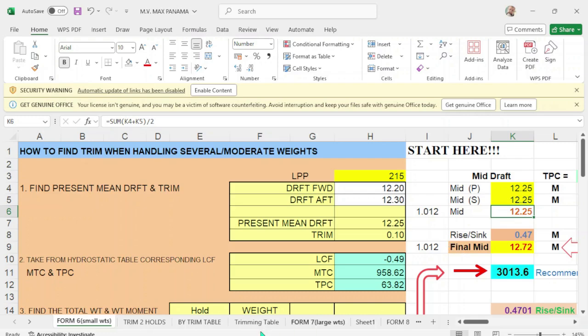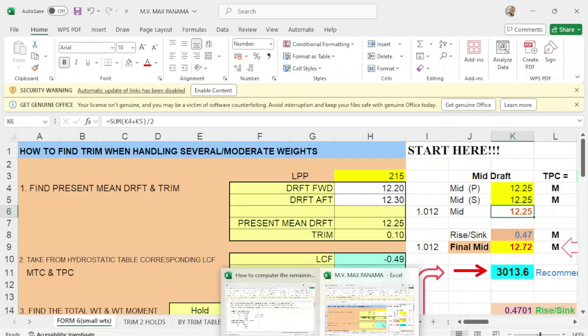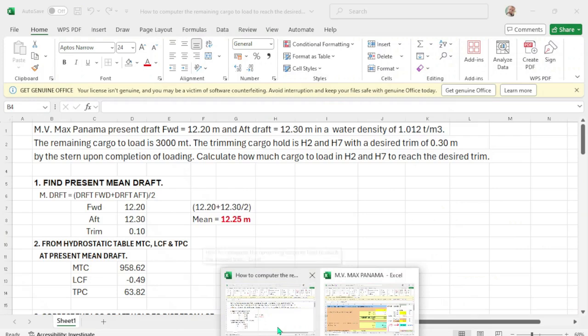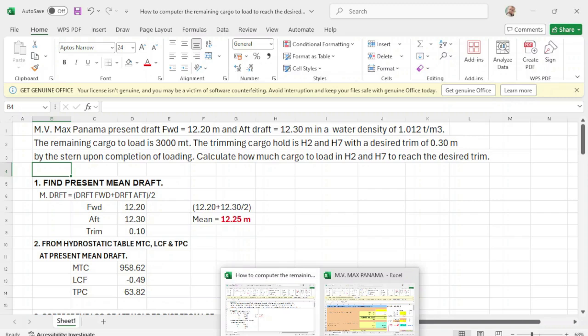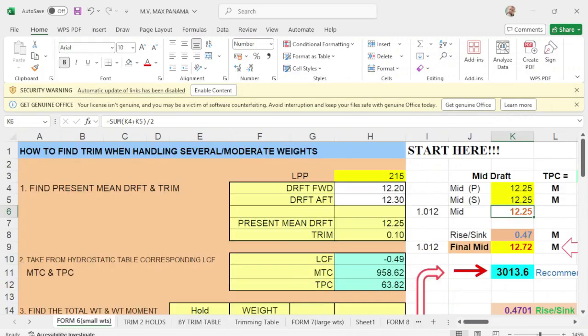Now, according to the problem, you are going to load 3,000 metric tons. And what is the TPC at this initial mean draft? It is 63.82.